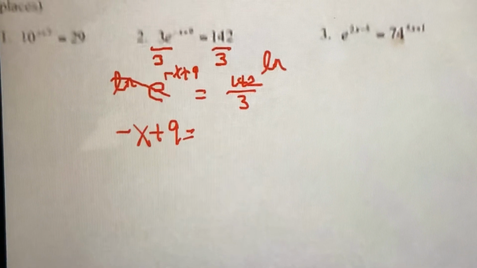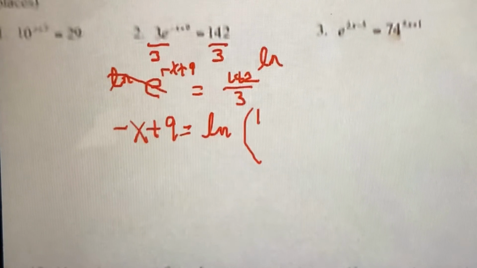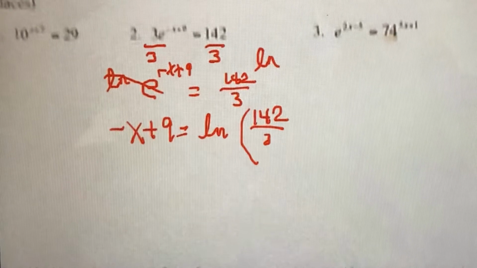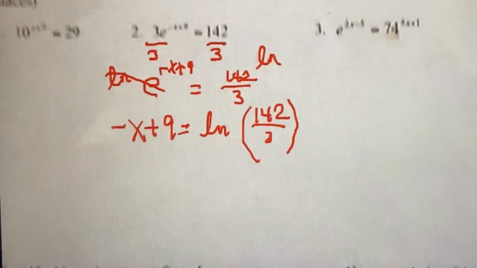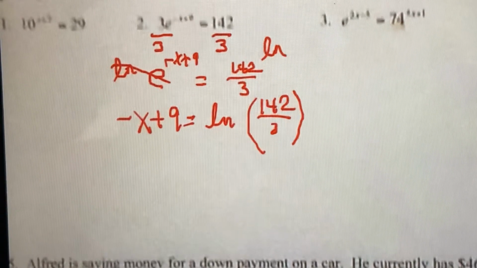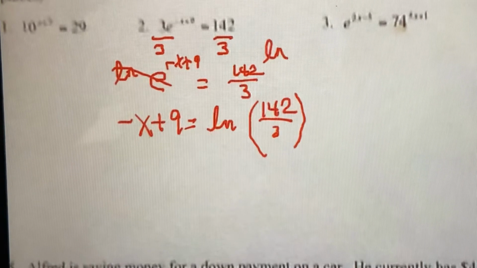Equals the natural log of, and I'm going to leave that fraction, 142 over 3. Now, when I get to this point, I'm going to subtract 9.